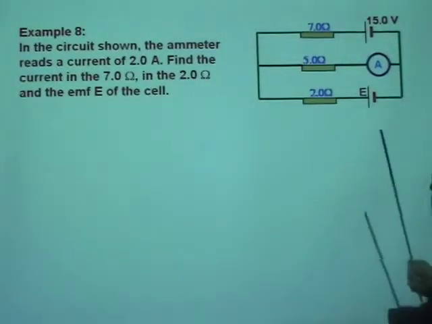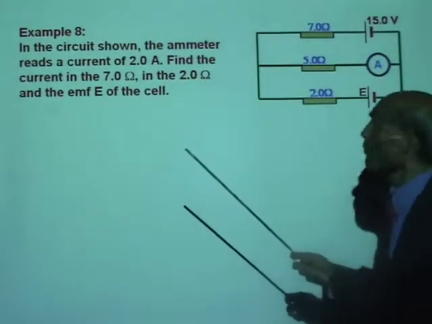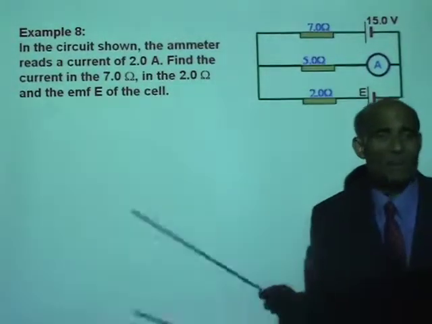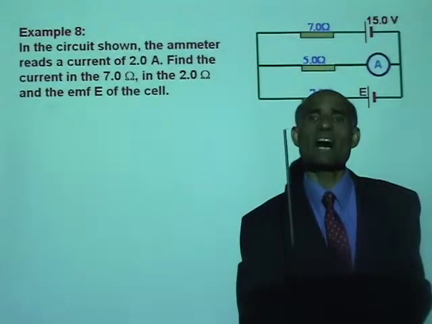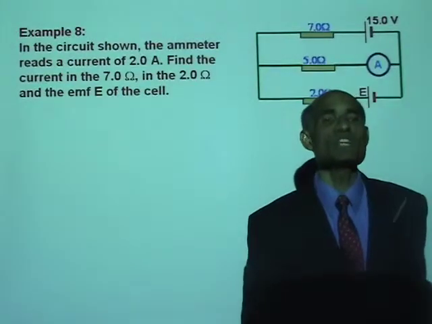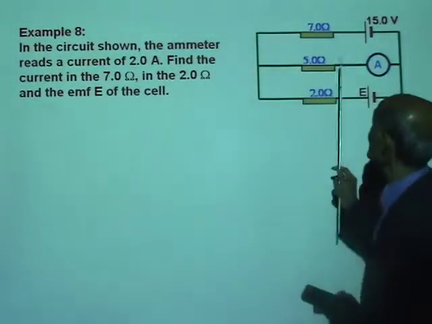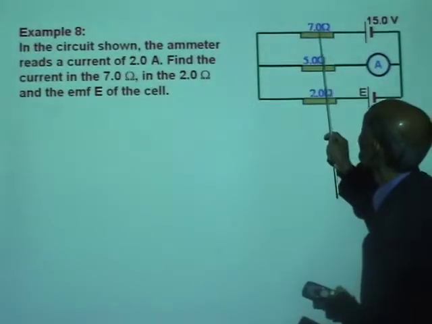What we first need to do is say what direction the current is flowing. Remember that current always starts from the positive of a battery and ends in the negative. So let's say that this battery sends a current in this direction. Watch the direction I'm tracing.